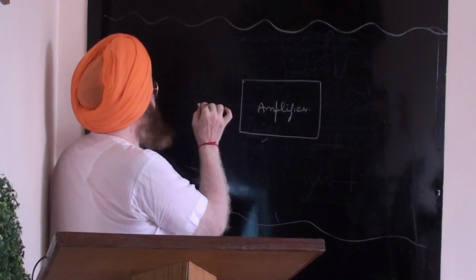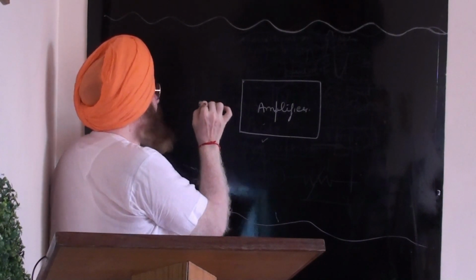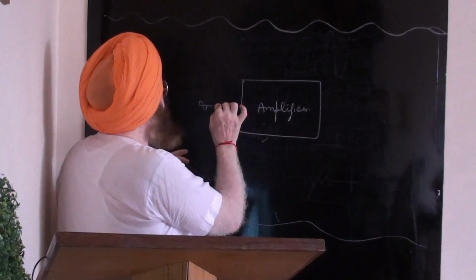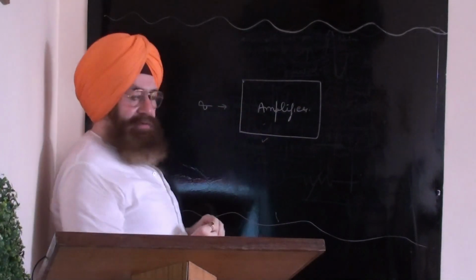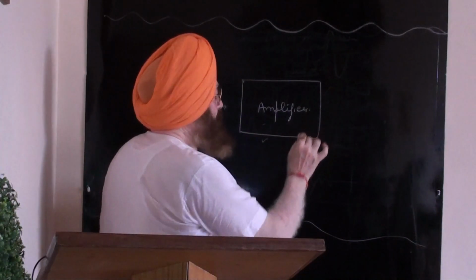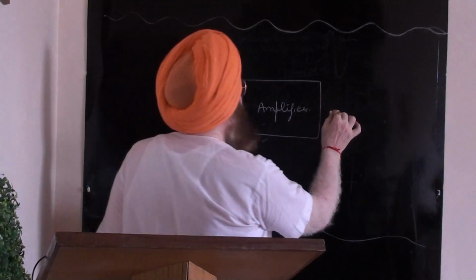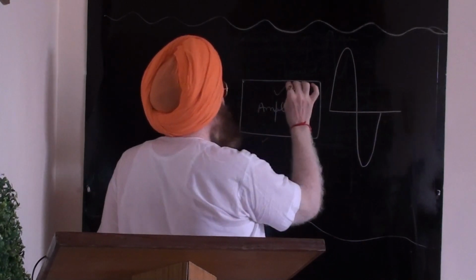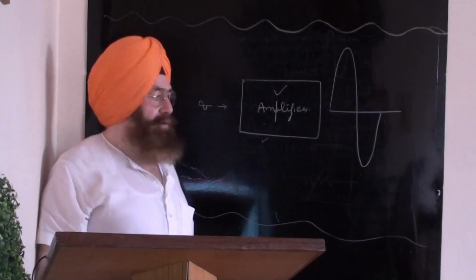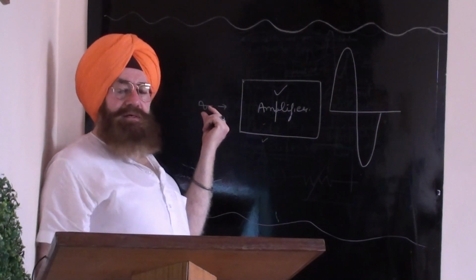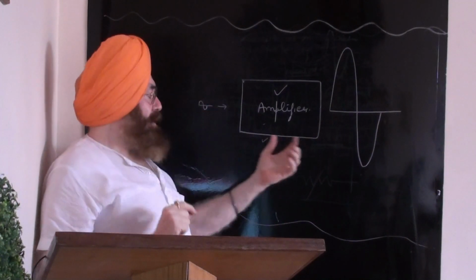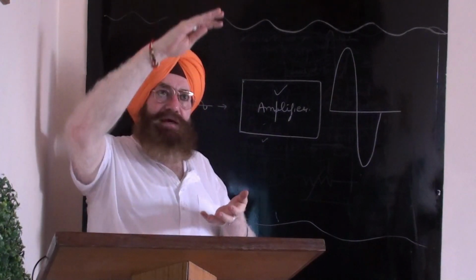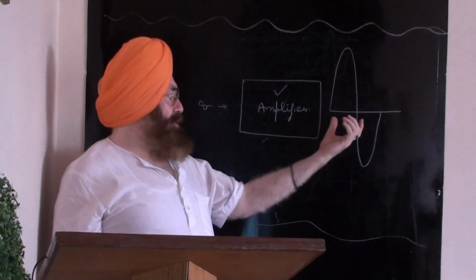If I give it a signal that is very weak, very small in amplitude, as an input to the amplifier, and in turn the amplifier gives me this type of signal, then this box is said to be an amplifier. Weak input, a very small amplitude signal, and the amplifier gives us a very high amplitude signal. So this is amplification.